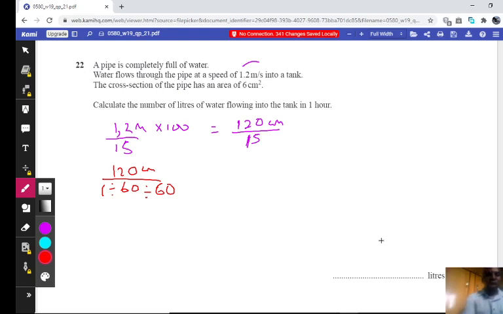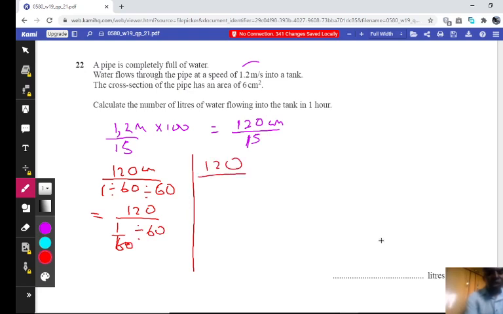Now let's calculate this one. 120 over 1 divided by 60 divided by 60. If you simplify this, it will be 1 over 60 times 1 over 60, which means 120 over 1 over 3,600.